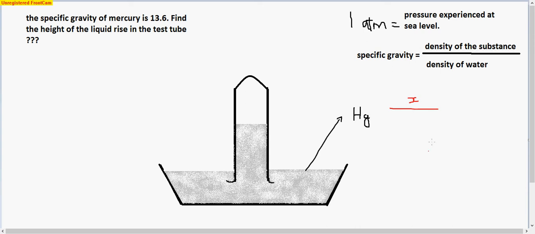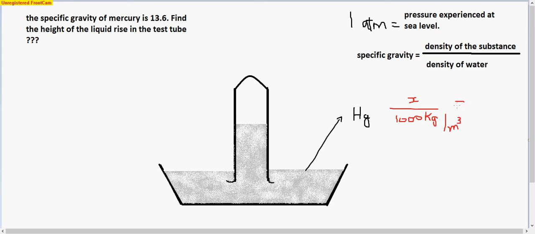The density of water is 1000 kilogram per meter cube, right? Sorry, let me make a cube. I'll do it again. Sorry for that.